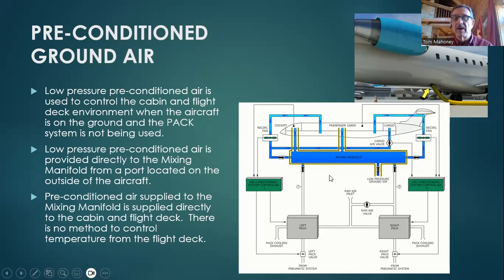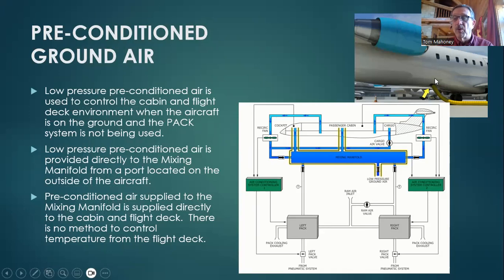So in that regard, we can turn the left and right packs both off, and we don't need to be using bleed air, so we can have the APU off. We don't have to have the engines running. We can just basically dump cold air or preconditioned air directly into the manifold at this point.